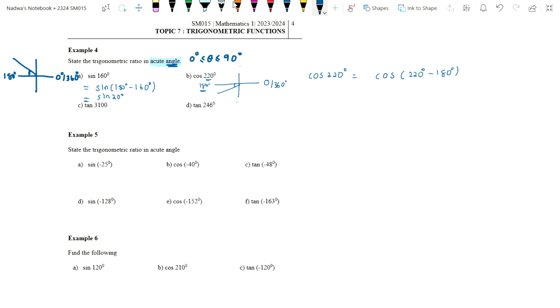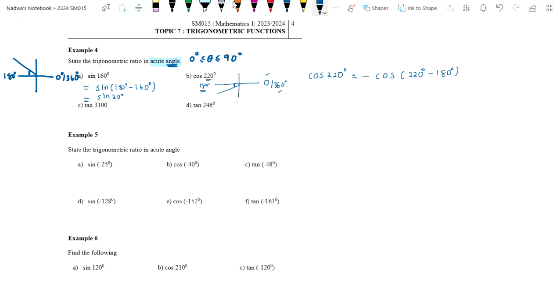If it is in the first quadrant, we refer to 0 degree. If it is in the fourth quadrant, we refer to 360 degree because we have to have this angle referring to the x-axis only. Okay, so this is not correct yet because cos in the third quadrant is negative.